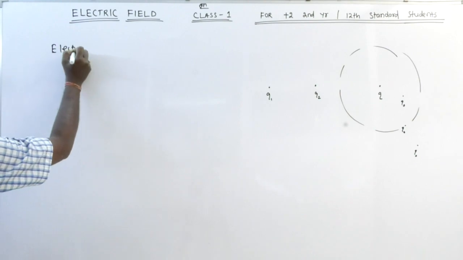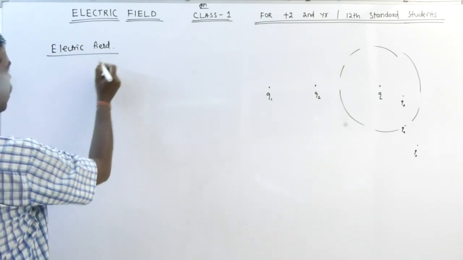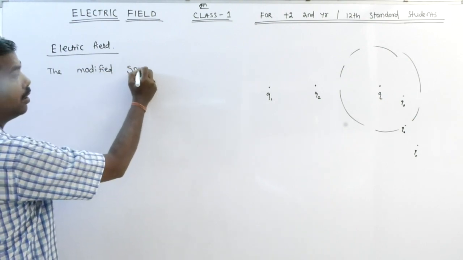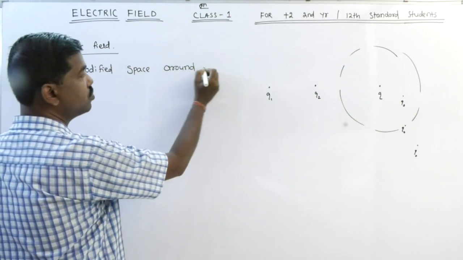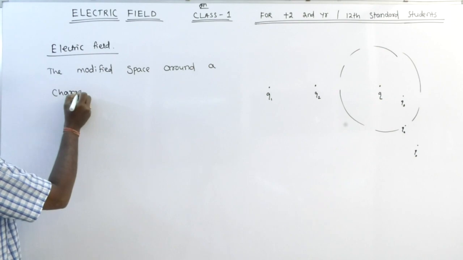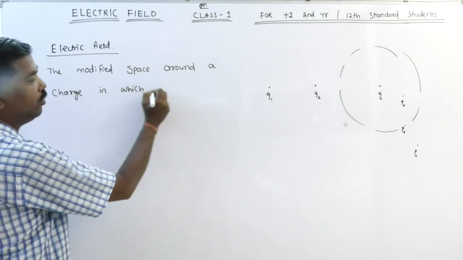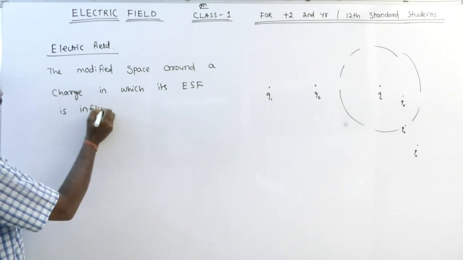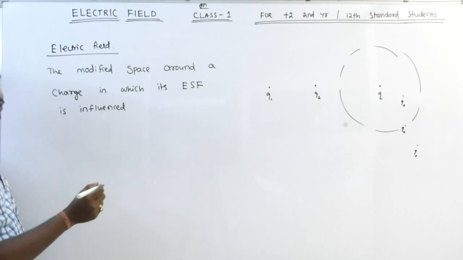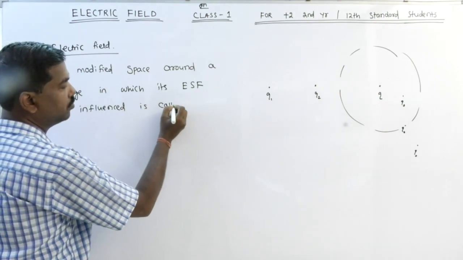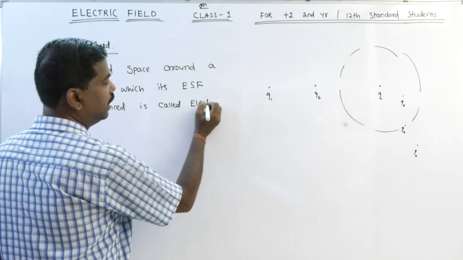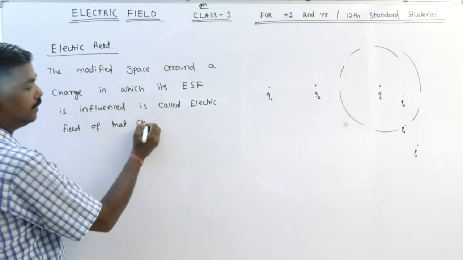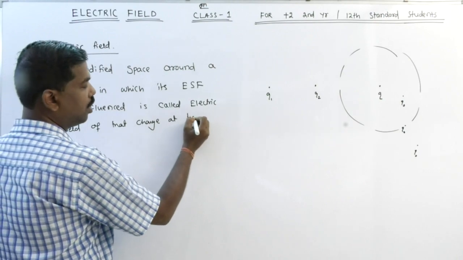Electric field means the modified space around a charge in which its electrostatic force is influenced is called the electric field of that charge at that point.